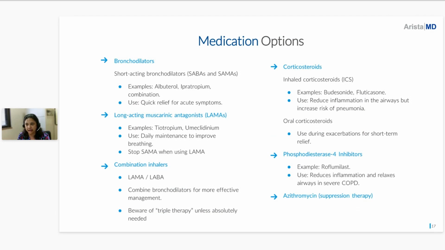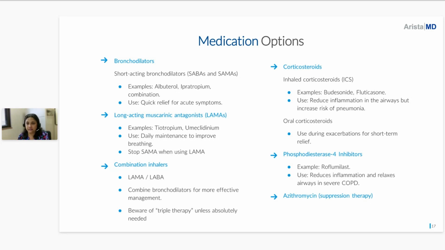The combined bronchodilators are effective in management. And then there's a triple therapy as well, which includes a LAMA, a LABA, and an inhaled corticosteroid, which is really reserved for the most severe COPD patients. And I'll talk a little bit more about that component of the inhaled corticosteroid, like budesonide or fluticasone.